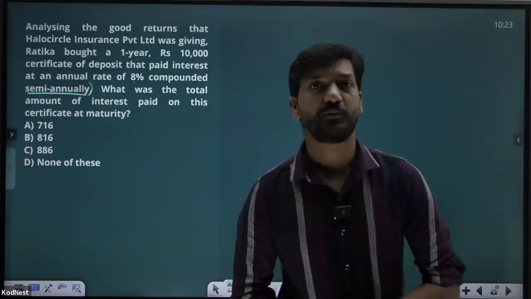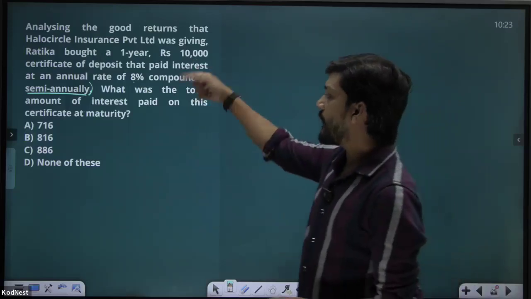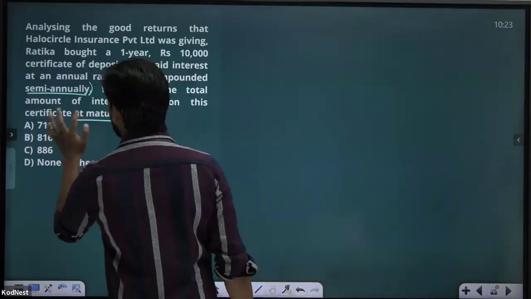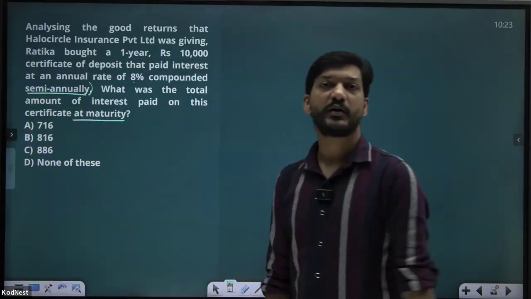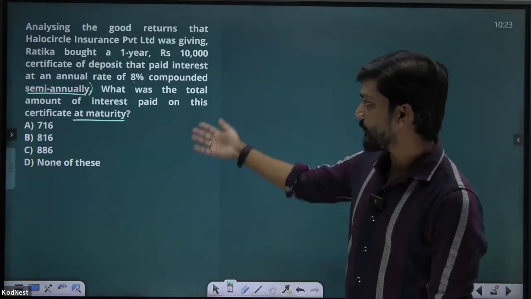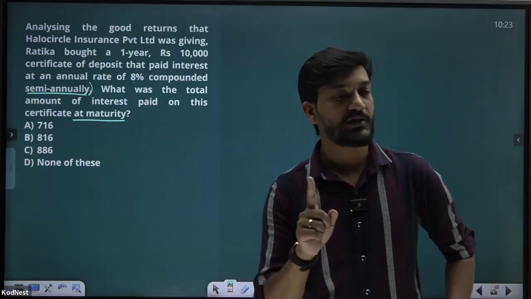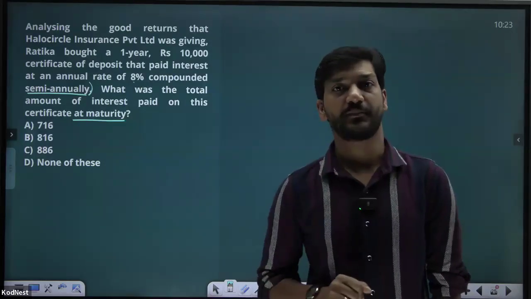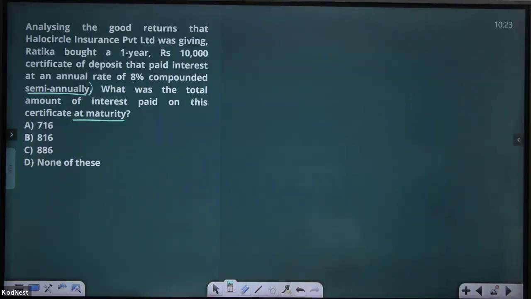After 1 year, that means at maturity, how much interest will be paid? Only the interest, not the complete amount. So please try this question, but calculation will be for 6 months, not 1 year. So let's see what you do. 6 month rate of interest and 1 year rate of interest will be different.